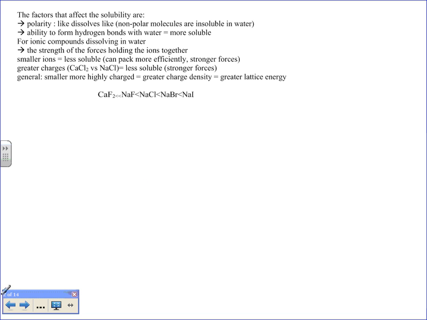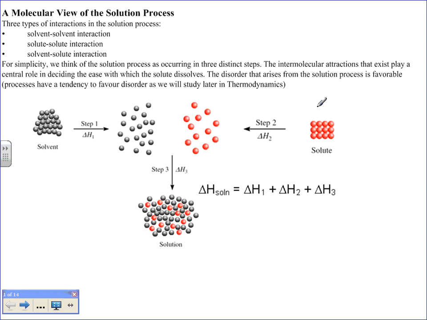And this comes from the fact that the smaller the ions, the more difficult it's going to be to break apart the solute particles. So this step of breaking up the solute particles is important to consider when we're studying the solubility of ionic compounds.